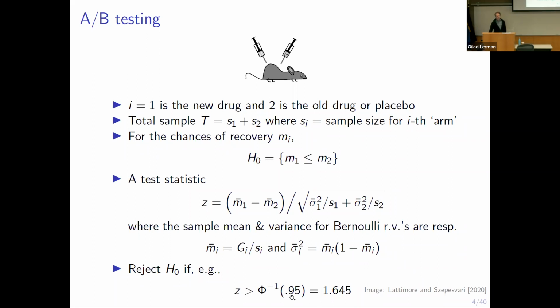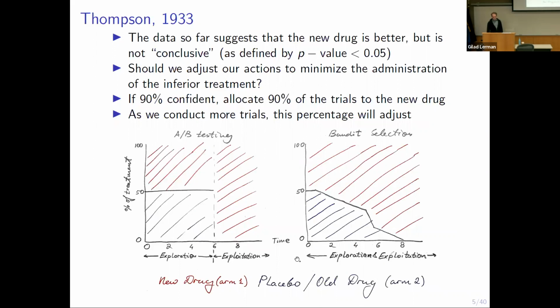This is shown for a 5% p-value. Thompson in 1933 considered a context where, let's say, your data so far suggests that the new drug is better, but it is not conclusive as defined by a p-value less than 5%. So the question is, should we adjust our actions to minimize the administration of the inferior treatment?